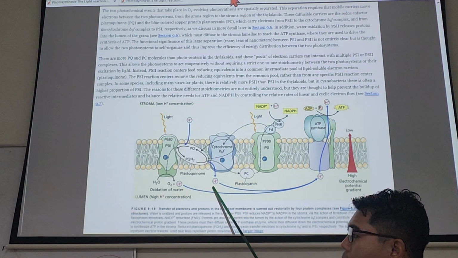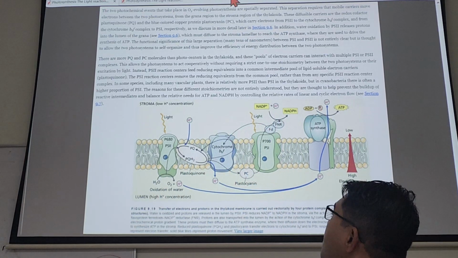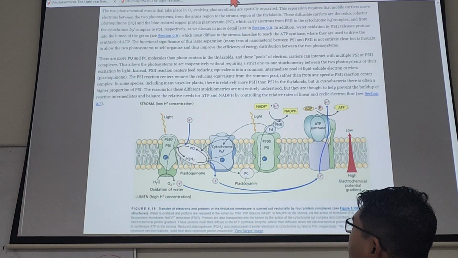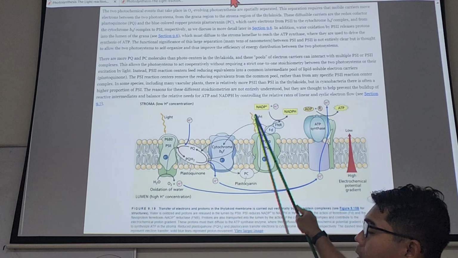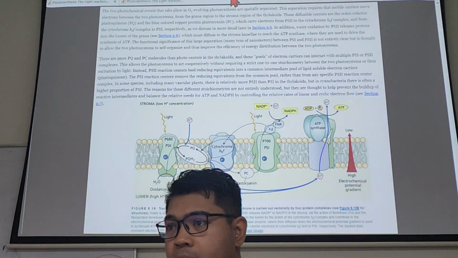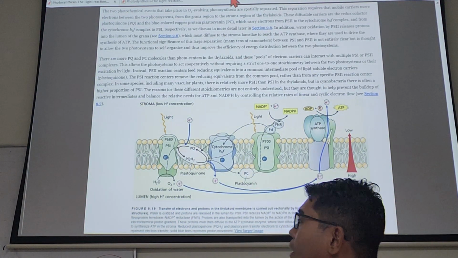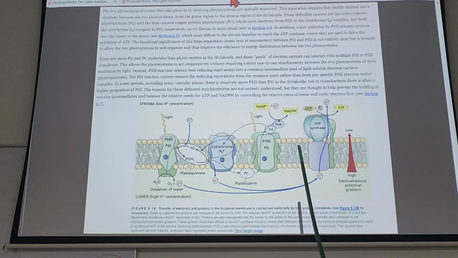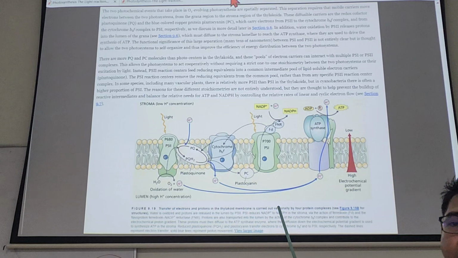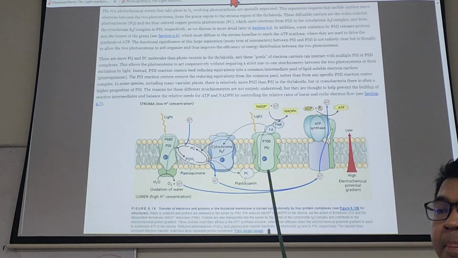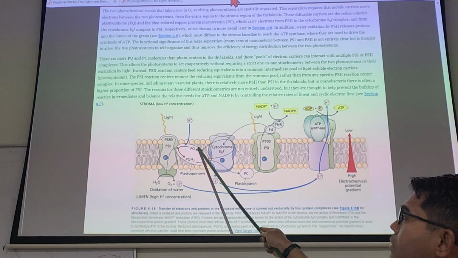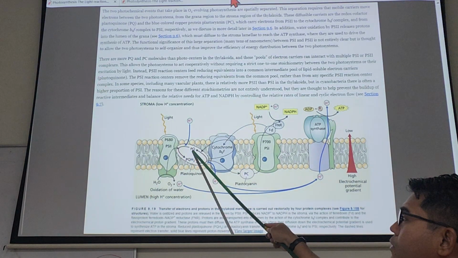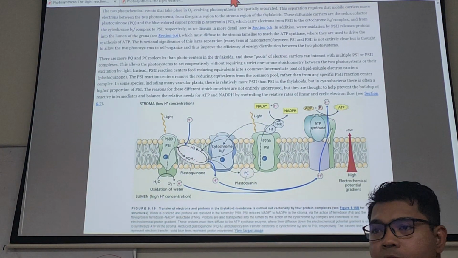So plastoquinone electron carrier, plastocyanin electron carrier, but NADP electron acceptor. Okay. Look at this membrane here. Even though the image here is static because I can't find one which is animated, these blobs of electron carriers are actually moving.